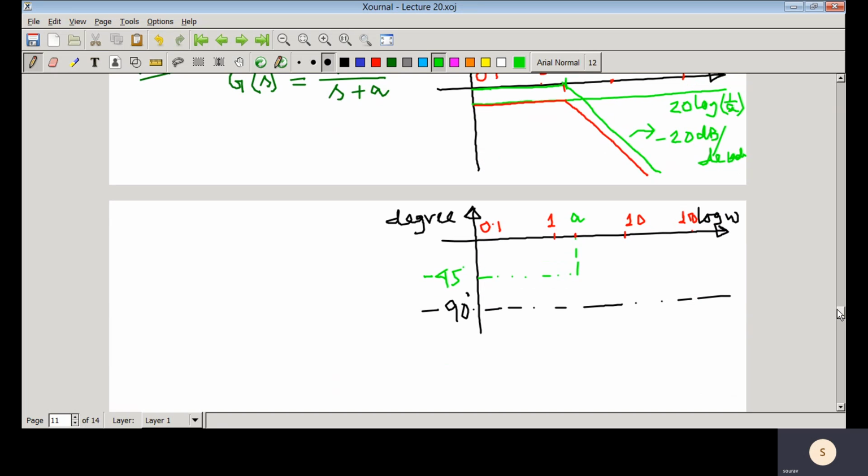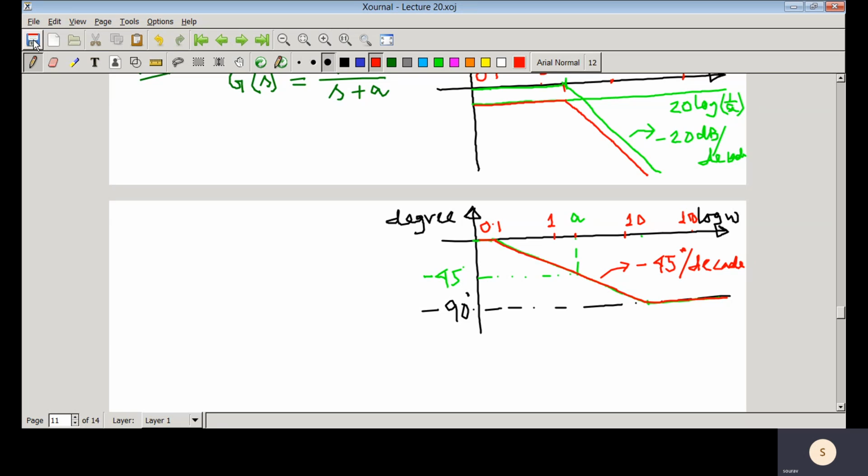Similar to s plus a, we take a point 1 decade above and 1 decade below, and here we know this slope would be minus 45 degree per decade, and when omega is high, the angle is minus 90 degree.